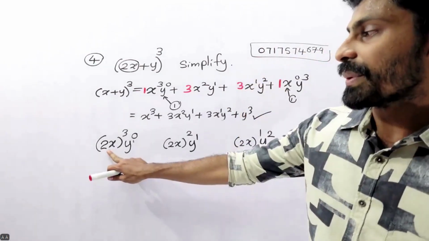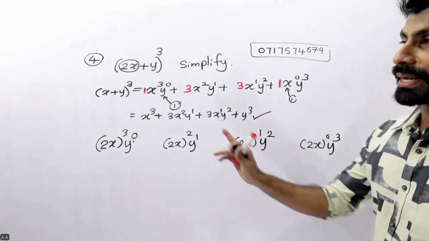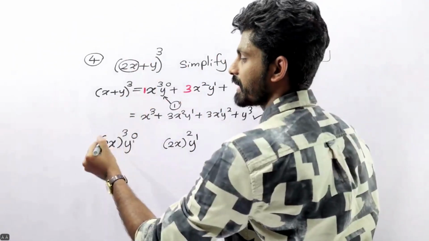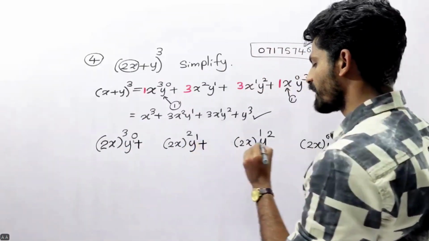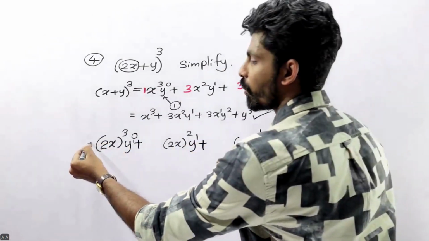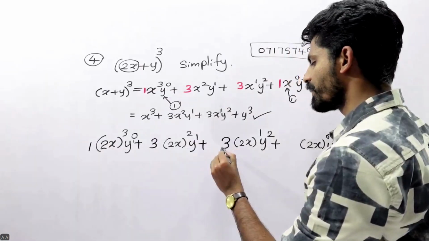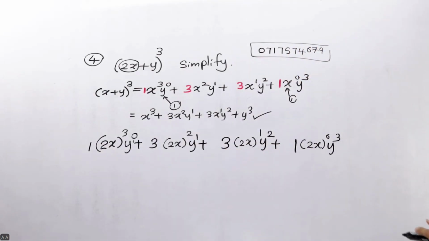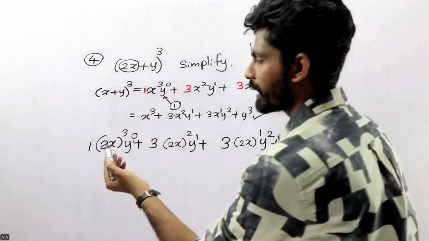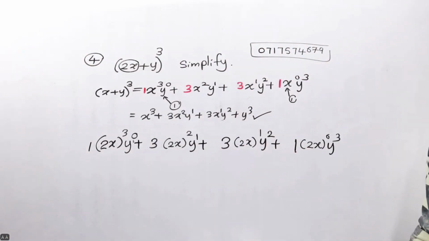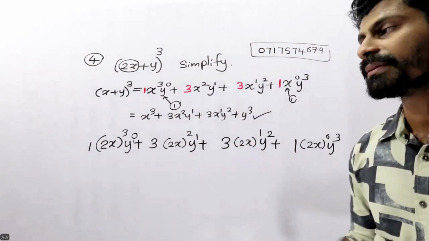Right? 3, 2, 1 and 0, right? So plus means plus, plus, plus, plus. 1, 3, 3, 1. Okay? Then simplify.